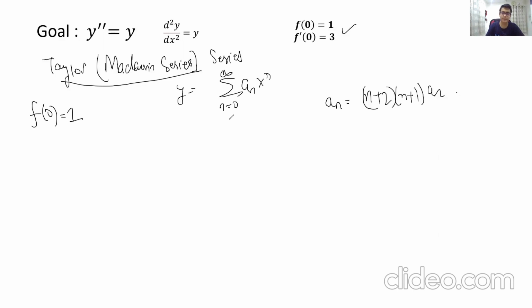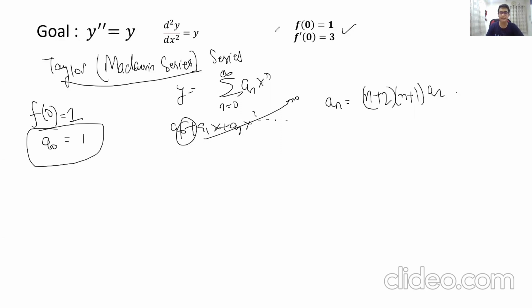So if we put f of 0, this really, as you can see, is just going to be a0, all right? And that's because it's just going to be a0 plus a1x plus a2x square and so on. So if you put x is equal to 0, all these terms are just going to vanish, and we just have a0 left, which is just 1, which is given to us.